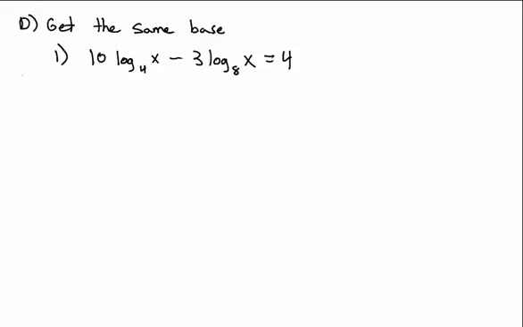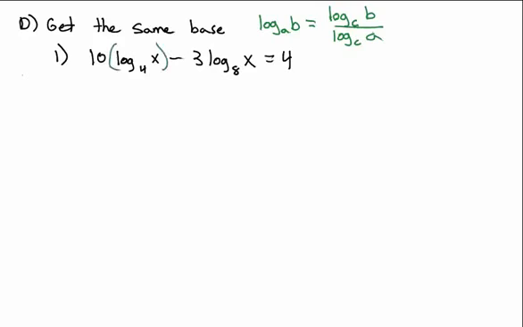With 8 and 4, if we were talking about exponents, 8 and 4 would have a common base of 2. 4 is 2 squared, and 8 is 2 cubed. So we are going to use the change of base formula. Remember, the log base a of b is equal to the log base c of the inside, divided by the log base c of the old base.